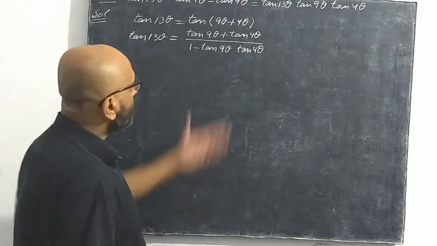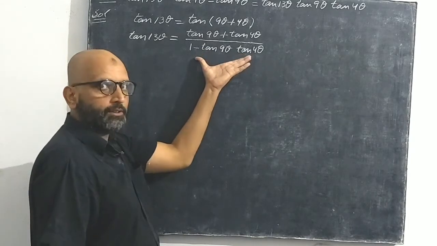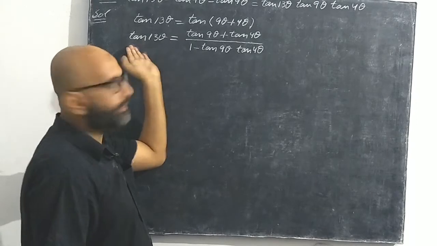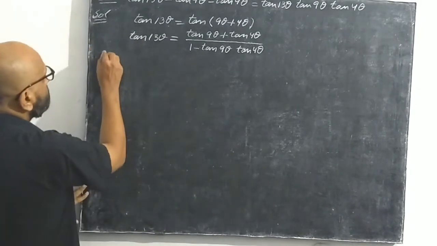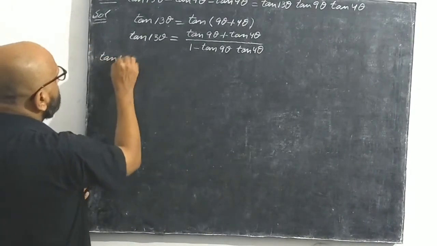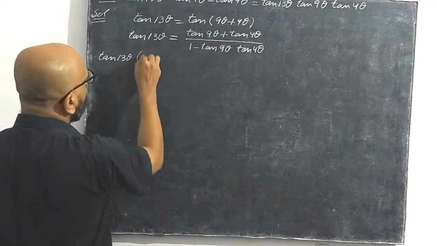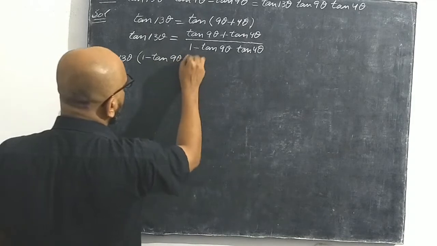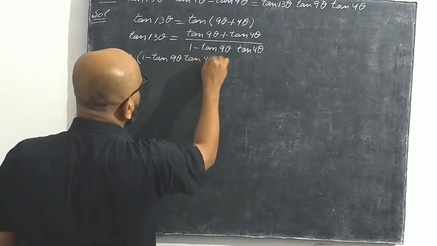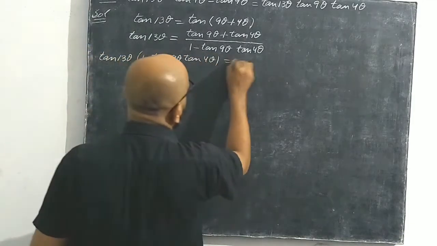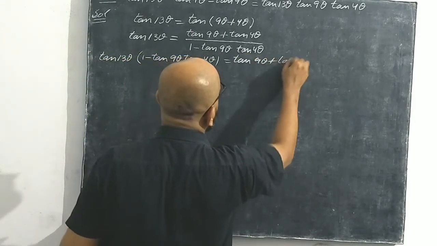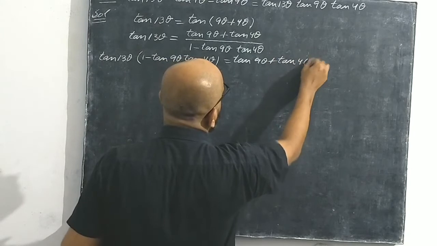Now transposing the denominator to the left hand side, it will multiply tan 13 theta. So tan 13 theta into 1 minus tan 9 theta into tan 4 theta is equal to tan 9 theta plus tan 4 theta.